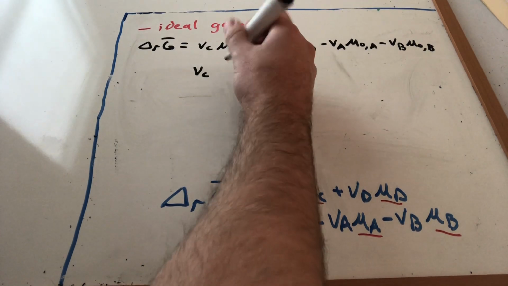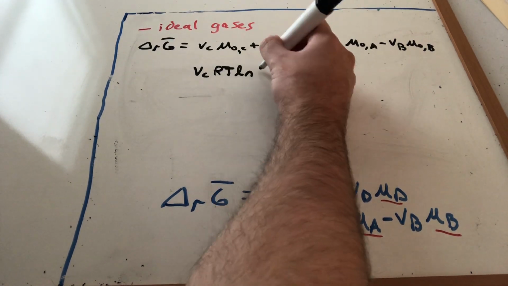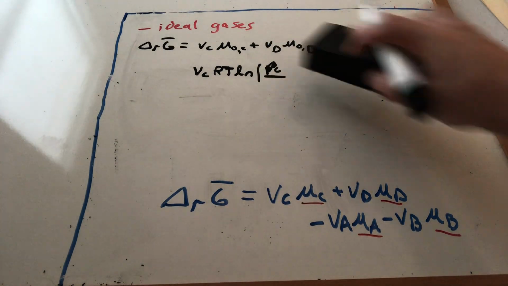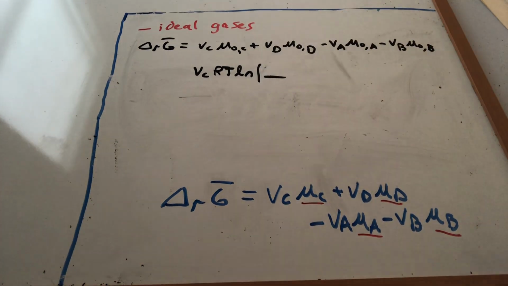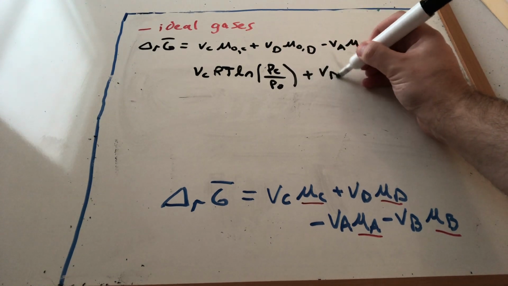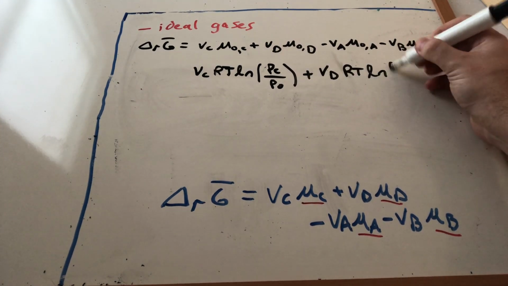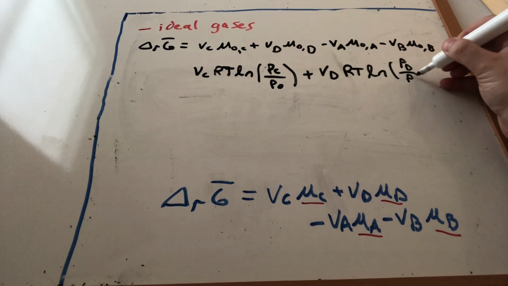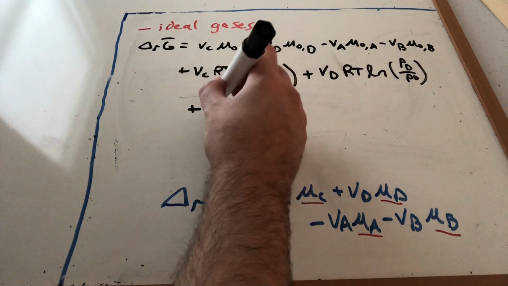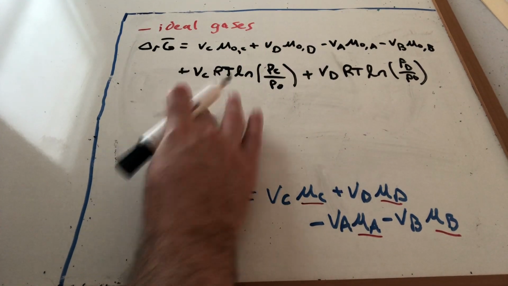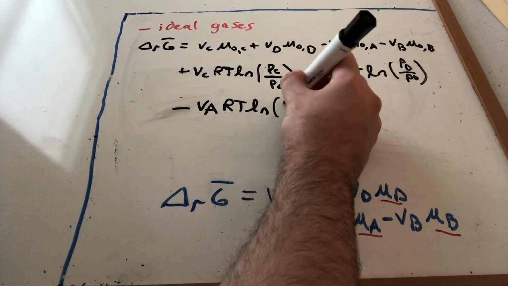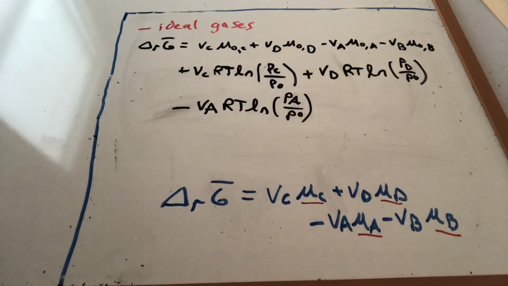So we're going to get VC, all right, RT, the natural log of PC over P naught, plus VD, RT, the natural log of PD over P naught, plus, all right, minus VA, RT, the natural log of PA over P naught.